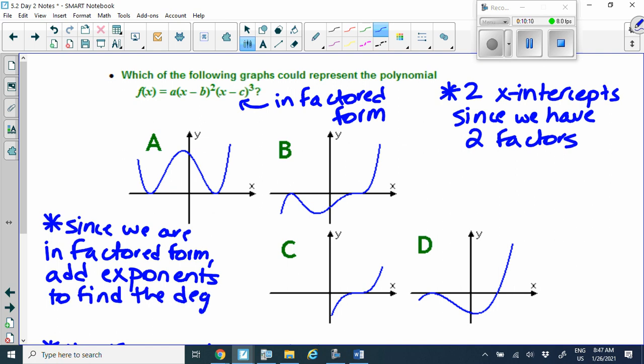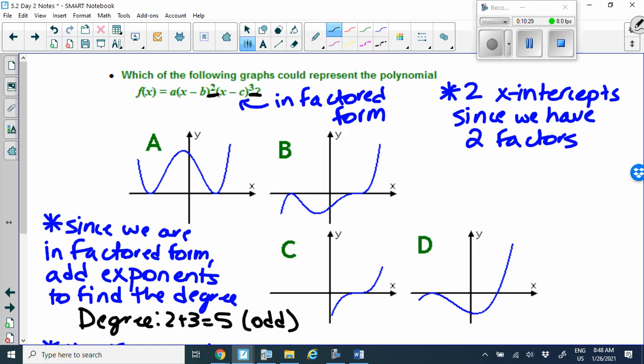So here, what we're going to do is take our 2 and our 3. Those are our exponents and add them. So the degree is going to be 5. Okay. Now notice 5 is an odd number. Okay. So it's going to be odd.